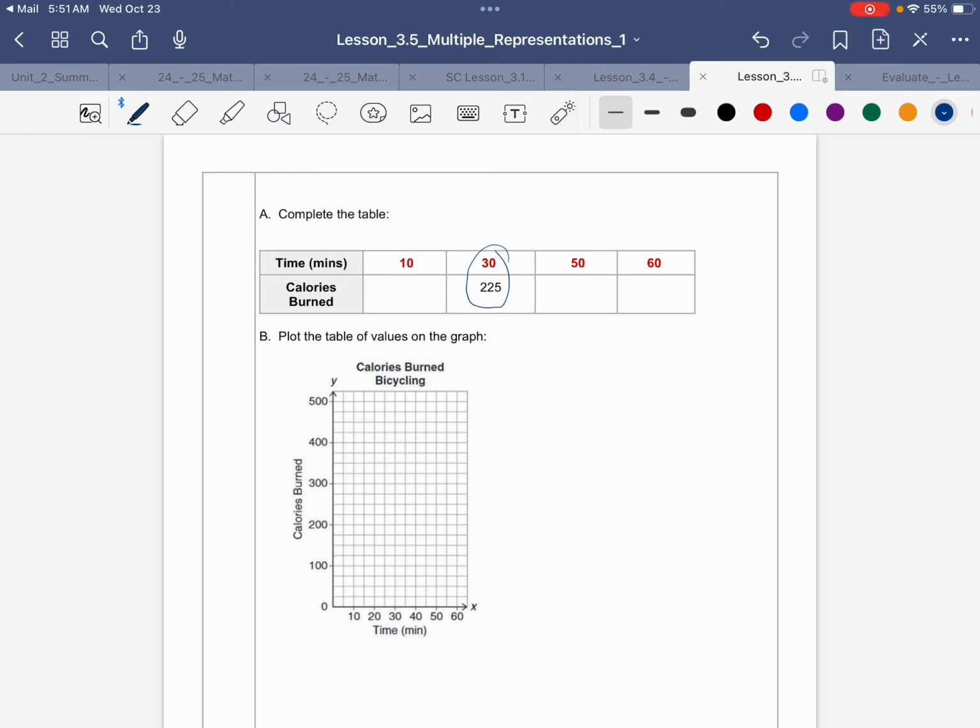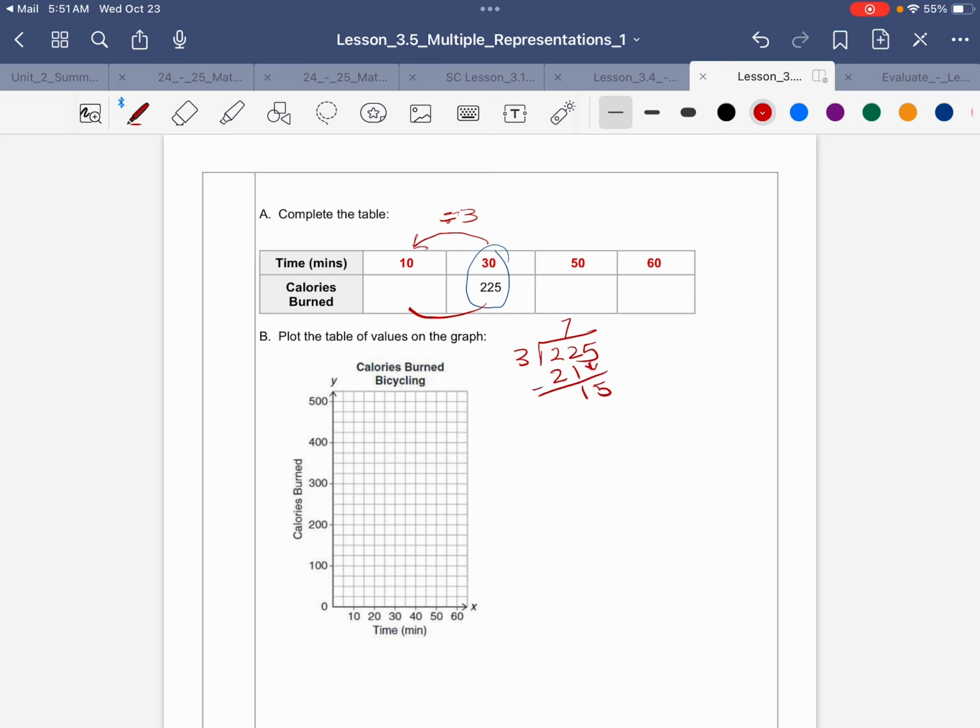To go from 30 to 10, we can divide by 3. Same thing here. We would take 225 and divide it by 3. 7, 21, 1. Bring your 5 down. Now we have 75.